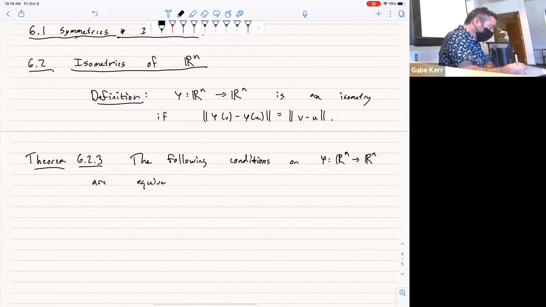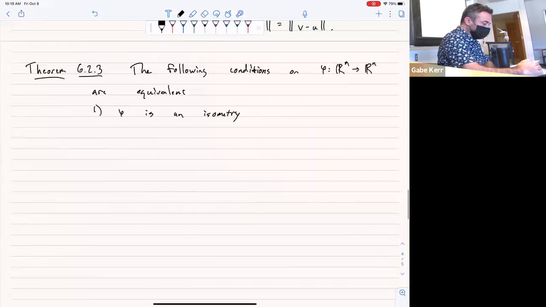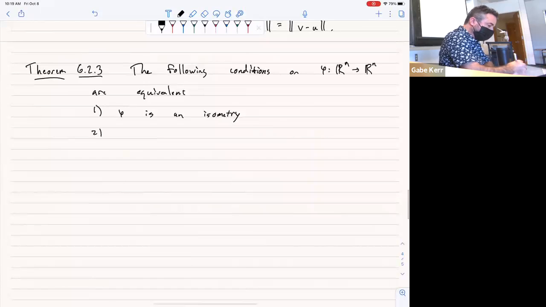One is that it's an isometry. Two is that it preserves the dot product of two vectors.